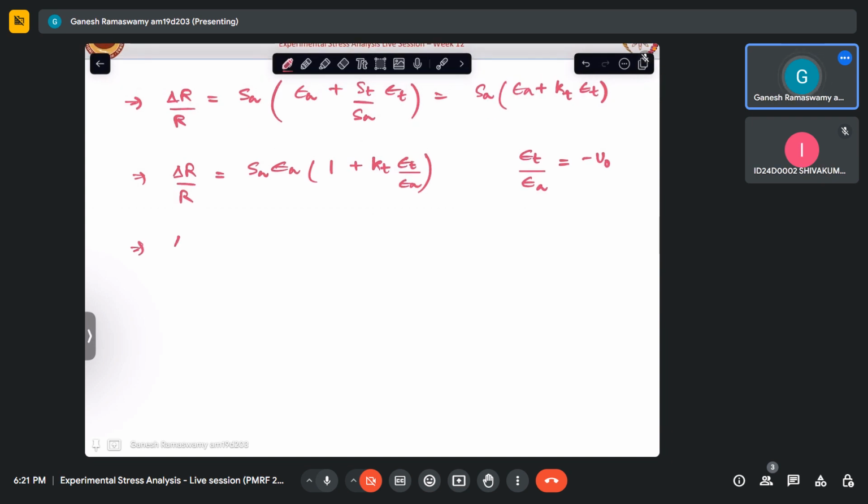That is the Poisson's ratio. So delta R by R is Sa epsilon A into 1 minus mu naught Kt.